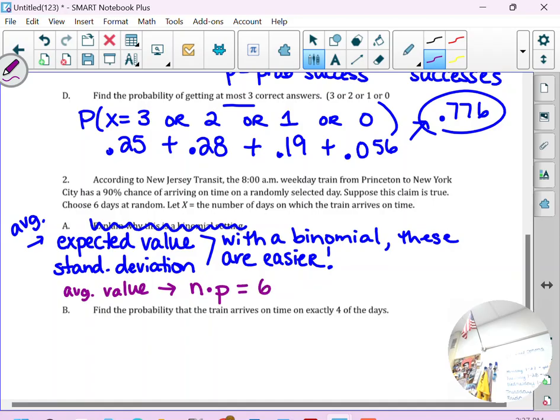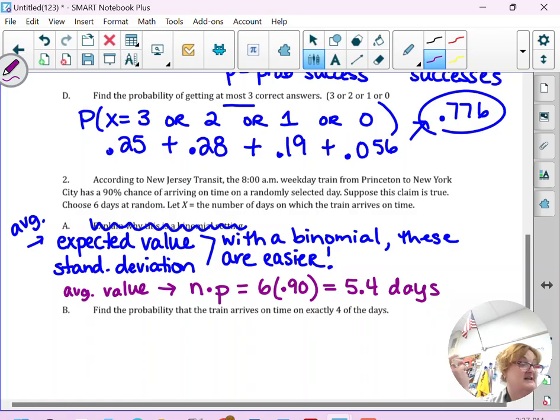6 days times a 90% chance, we're going to expect about 5.4 days out of 6 the train's on time. That's what I expect on average.